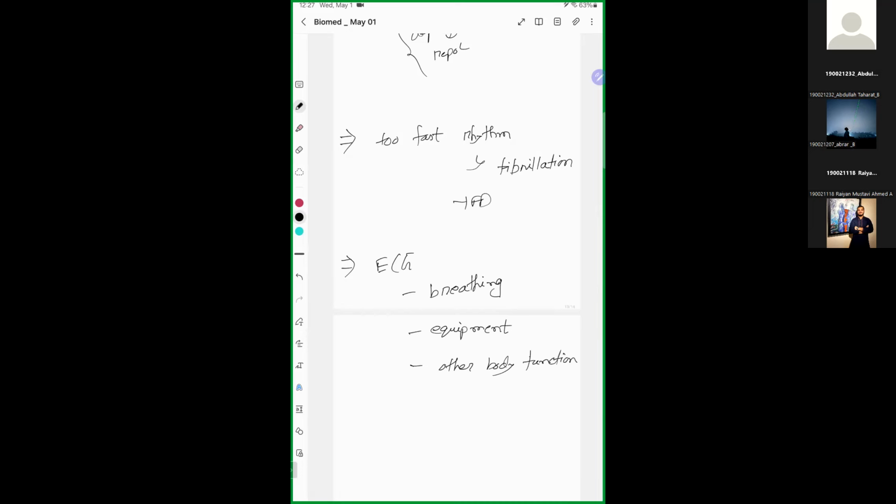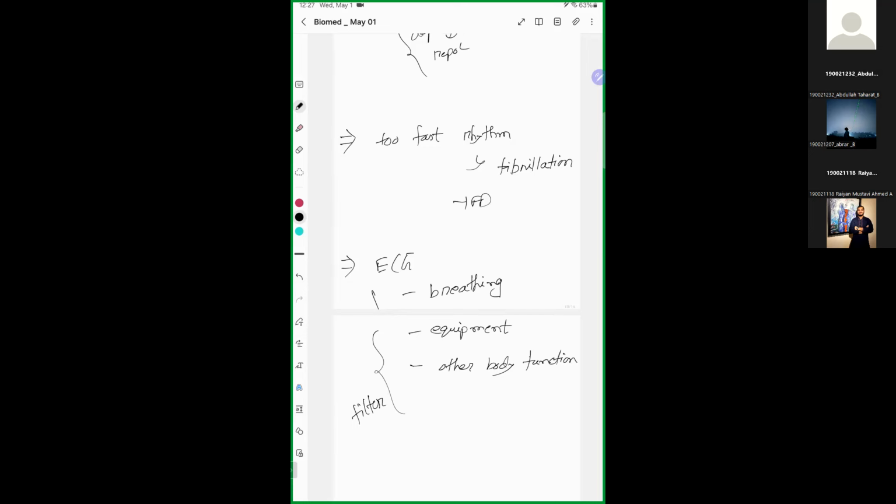The breathing is already there, and other body functions like muscle movement are there, and they affect your ECG. How they affect it, we'll see in the next class. Today, I'm just giving you the basic signal processing idea of the ECG. These things harm your ECG and add noise to it, so you have to filter them out.